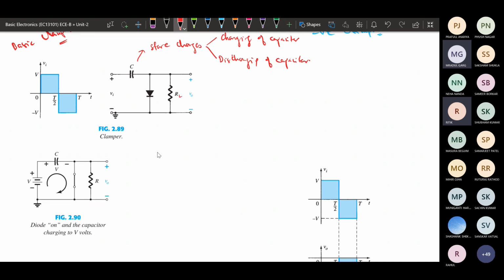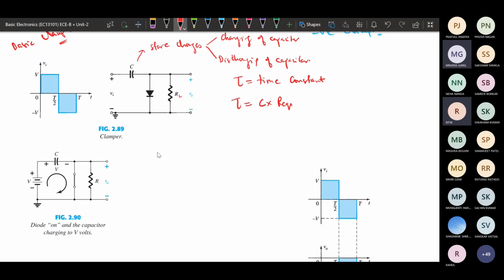So either it is charging or discharging, and the rate of charging and discharging is basically defined by tau, which is called the time constant in the case of a capacitor. The time constant is given by the capacitance multiplied by the equivalent resistance.